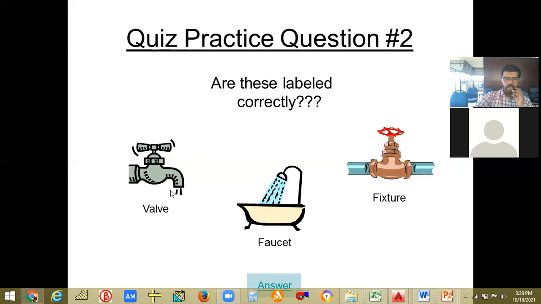What is this? What is in the center? Is this a faucet or a valve or a fixture? The center one.